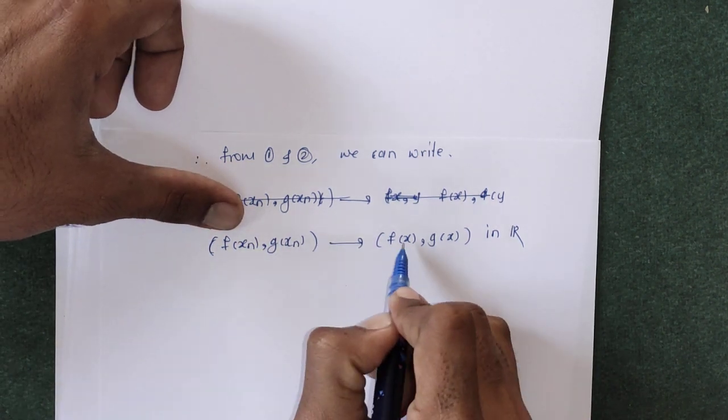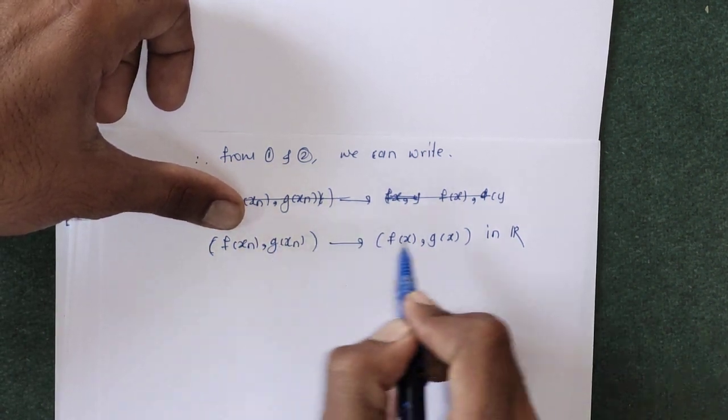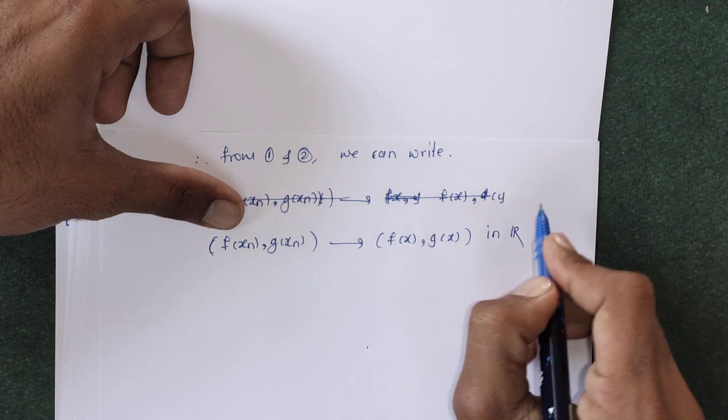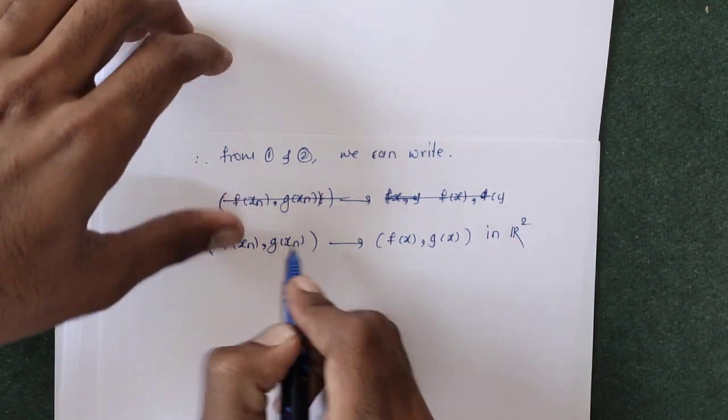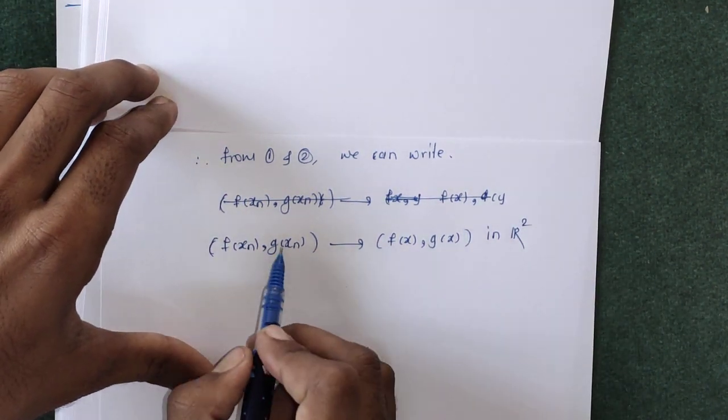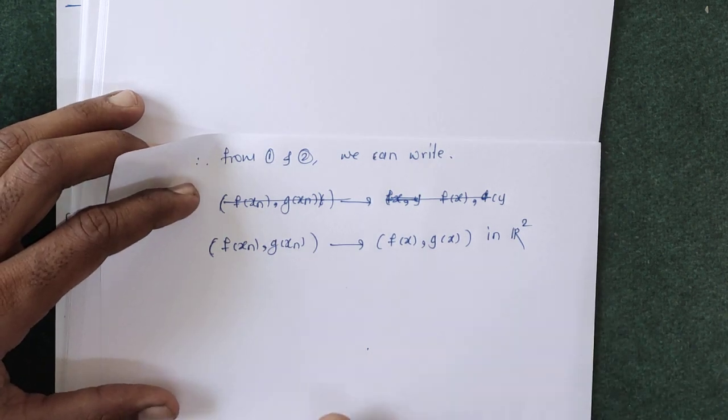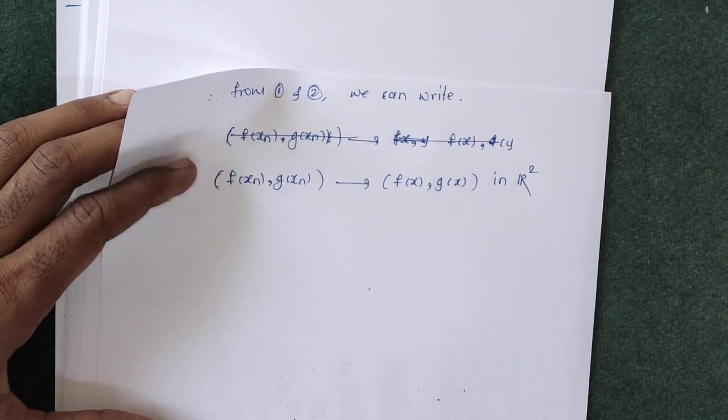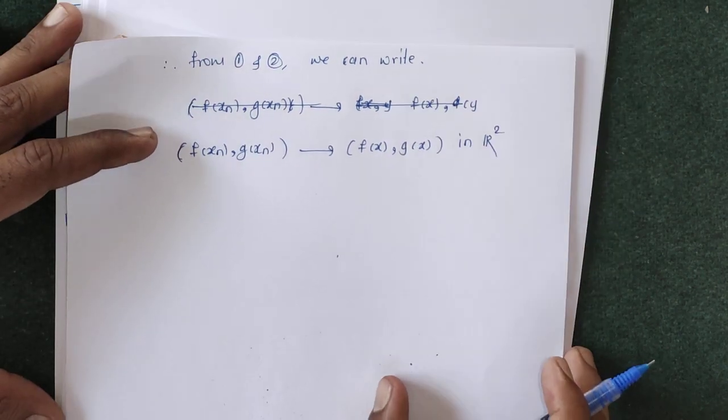That is, f of xn converges to f of x and g of xn converges to g of x in R. So by using the definition of product metric, the ordered pair (f of xn, g of xn) converges to (f of x, g of x) in R square. This is the solution of the given example.